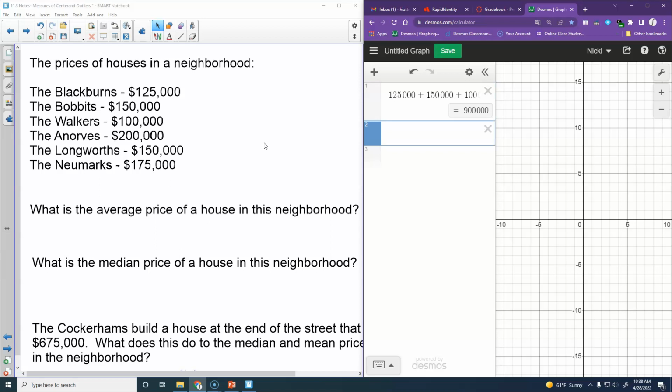What are you going to get? How many? 1, 2, 3, 4, 5, 6. Owen says 150,000. I agree. So the average is 150,000.